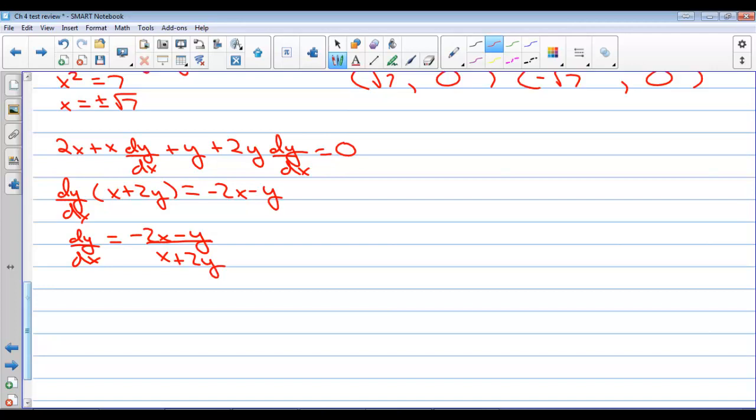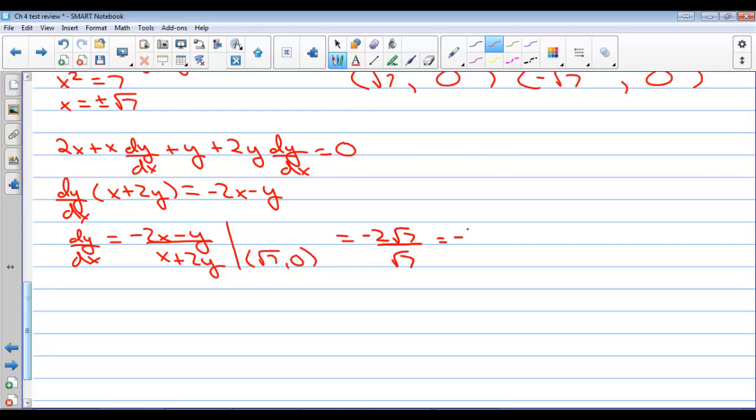So there's the derivative, but we have to show that the tangent lines at each of these points are parallel to each other. So we can evaluate this at square root of 7, 0. And what we get is negative 2 square root of 7 over square root of 7, because those y's will be 0.